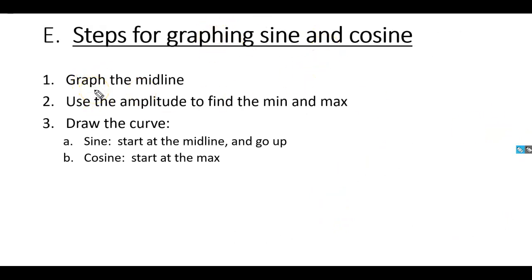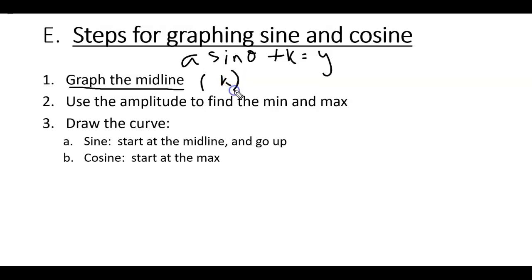We're going to add some stuff to these steps a little bit later on, but for now, we're just starting easy. So the first thing you're going to do is graph your midline. Remember, I'm going to use sine as an example here. Your midline is K.